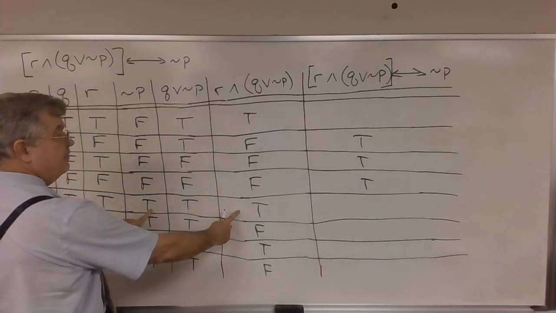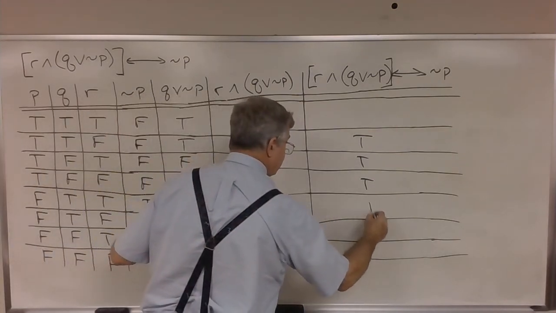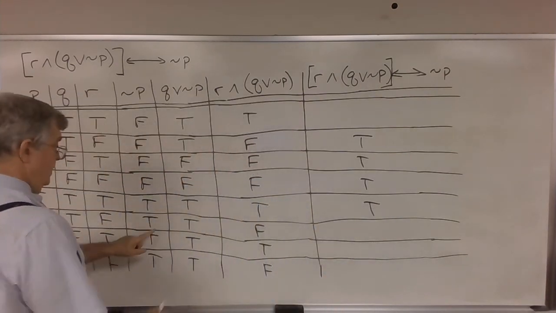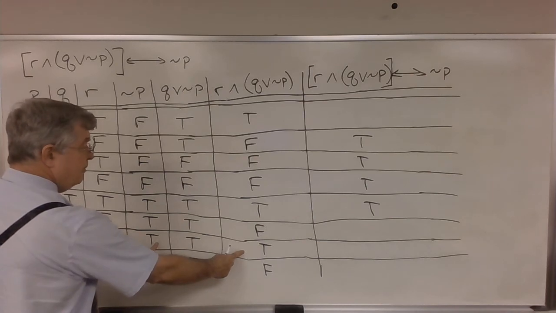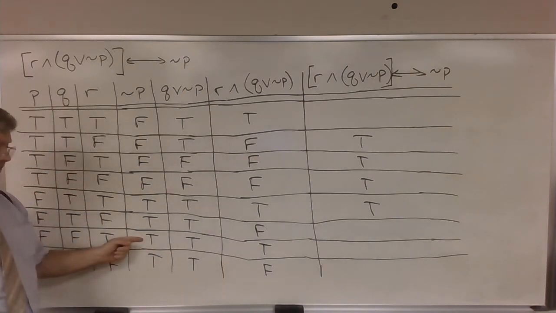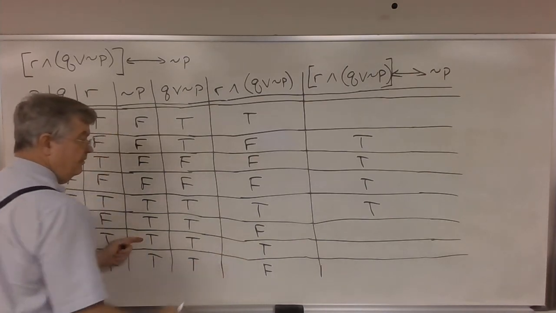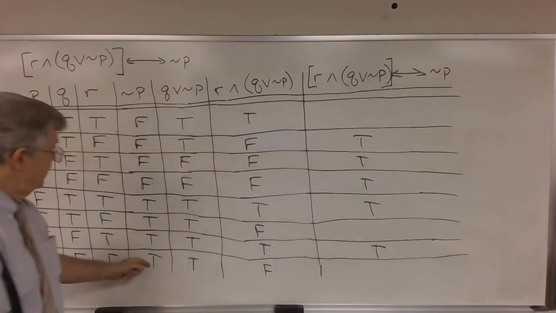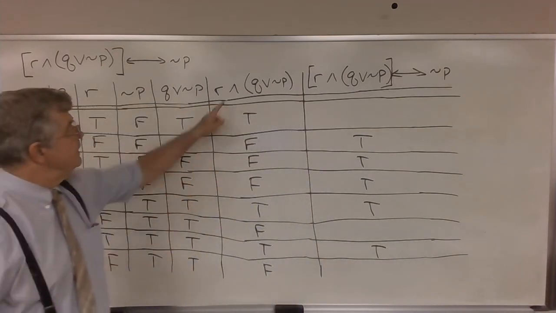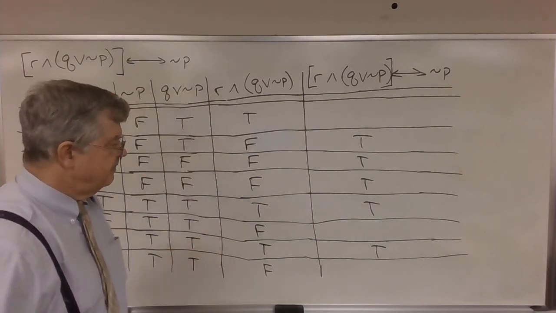Here they're both true. One false, one true. No. Here they're both true. Right here, they're both true. And here, not P is true, and this thing is false. Okay.